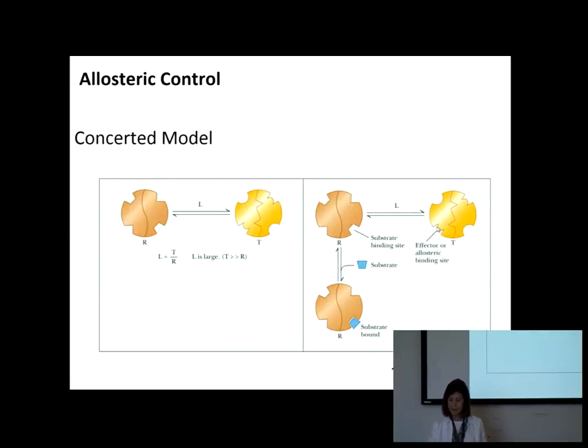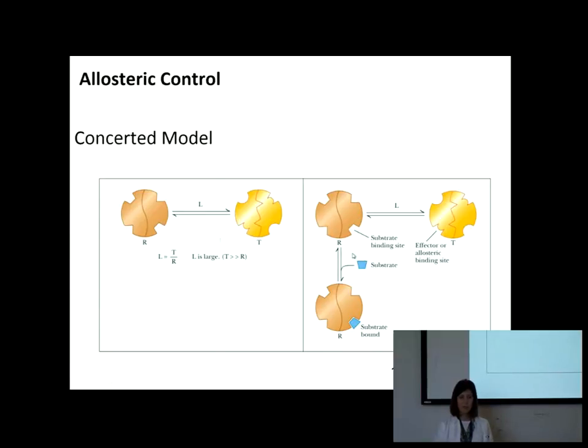What happens is when substrate comes along, say we have 100 enzymes, 99 of them are in the taut state, only one of them is in our relaxed state. That one in the relaxed state binds the substrate. It pulls it out of our equilibrium. What's going to happen?